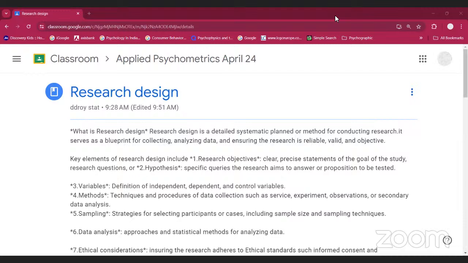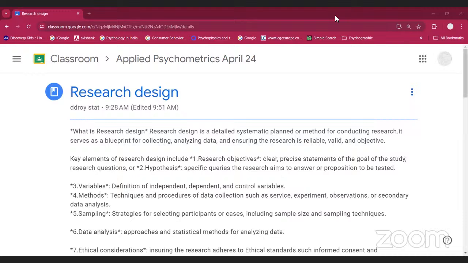Next is the method. Please read. Methods, techniques, procedures of data collection, such as surveys, experiments, observations, or secondary data analysis. Next is sampling.